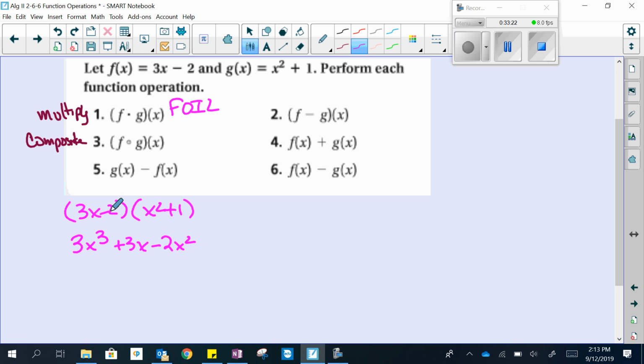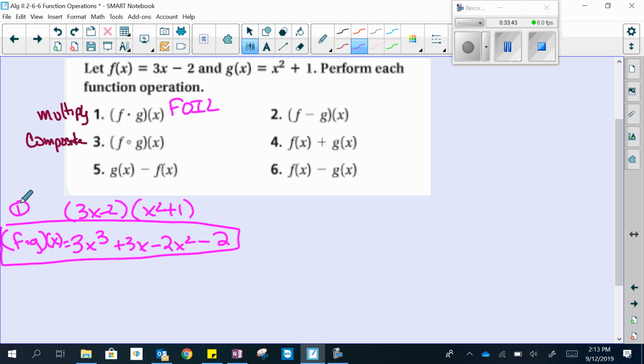Negative 2x squared. And last is negative 2 times 1. Negative 2. Are there any like terms? I have an exponent of 3, an exponent of 1, an exponent of 2, and then no exponent. So no like terms. So this is f times g of x. Done. Number 1. So number 1's FOIL.